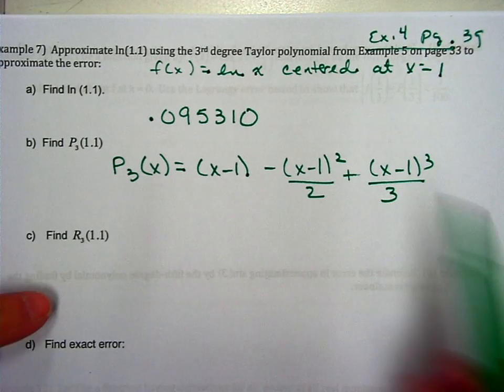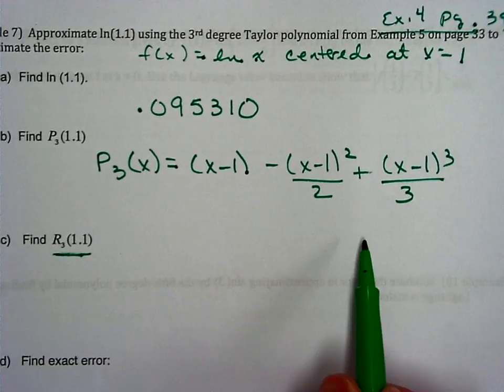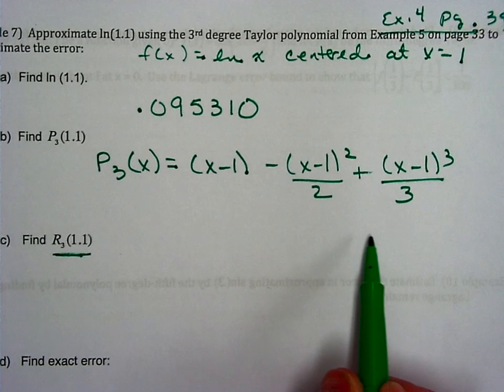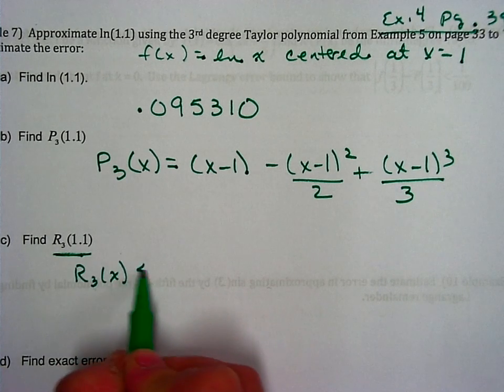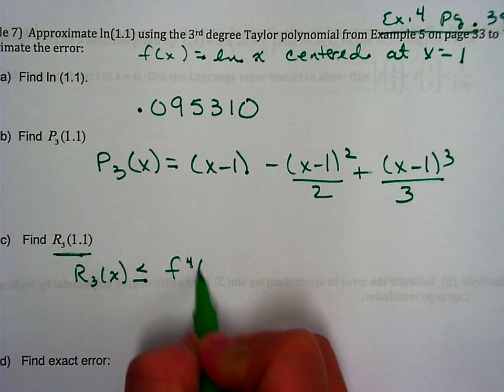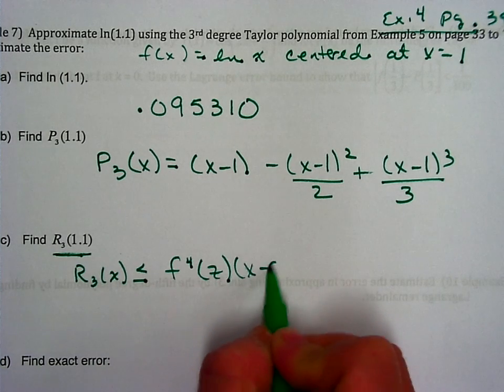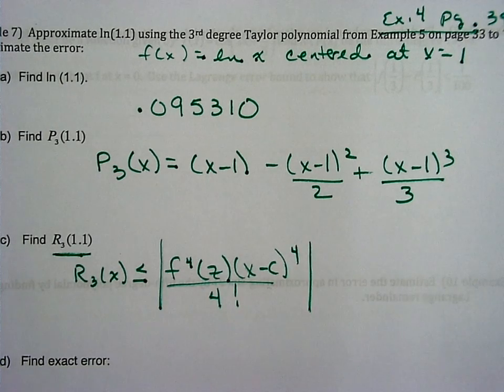So again, this is asking you to find the error associated with using this third degree polynomial. The error is going to be something less than or equal to the next term over. So the next term will contain the fourth derivative times x minus c to the fourth over factorial. And when we talk about errors, we only care about absolute value.